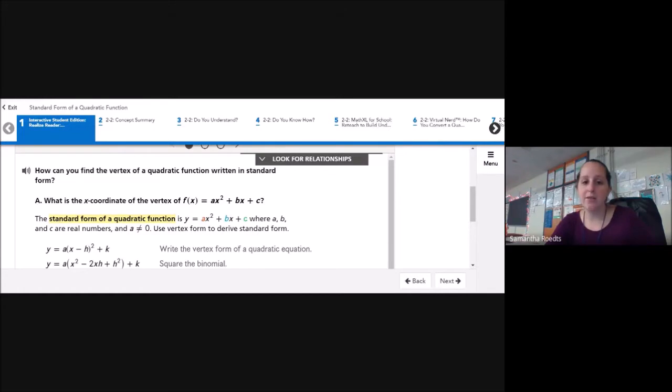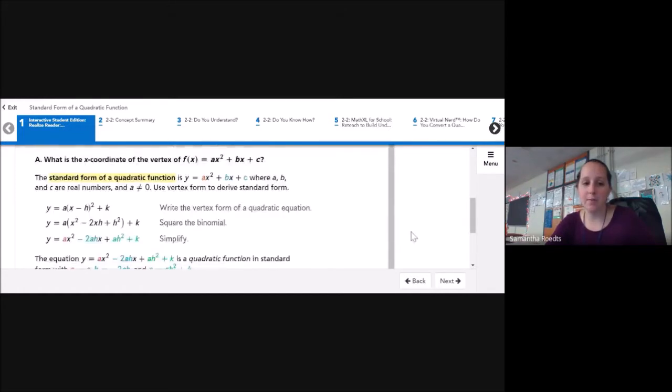We can use the vertex form to derive standard form, which we did last lesson. y equals a times x minus h squared plus k, where I multiply the x minus h out. So I get x squared minus 2xh plus h squared, which then simplifies to this: y equals ax squared minus 2ahx plus ah squared plus k.